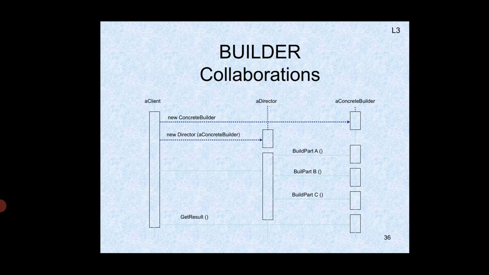Coming to the related patterns of the builder design pattern. Abstract factory is very similar to the builder pattern in that it can also construct complex objects. The primary difference is that the builder pattern focuses on constructing a complex object step by step.